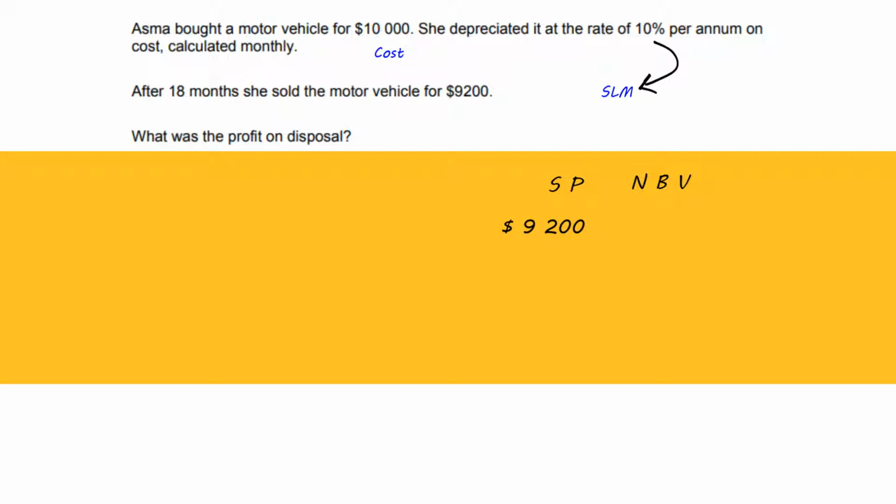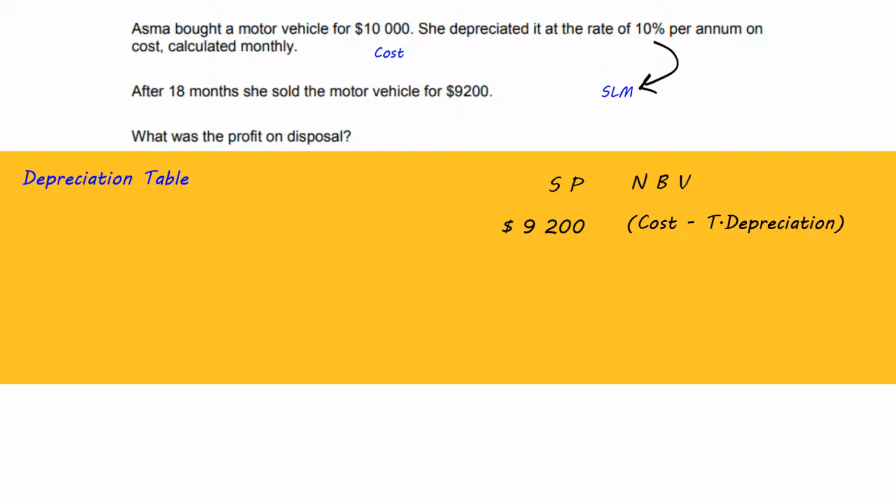Whereas the net book value would be cost minus total depreciation.